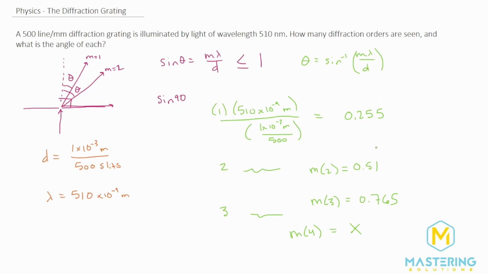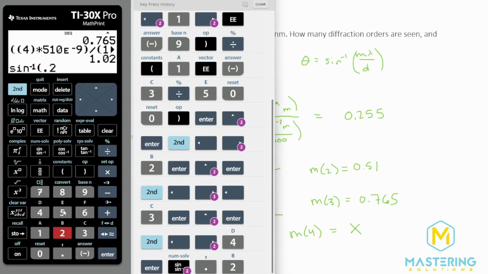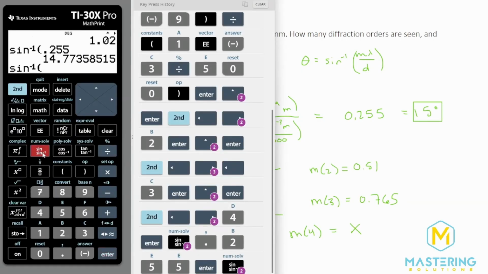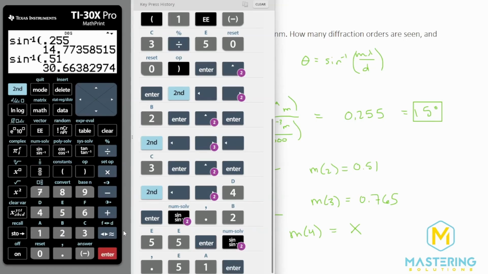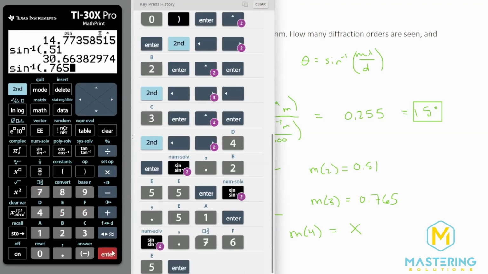So now if we take the inverse sine of all these, we have inverse sine of 0.255. So that angle is going to be rounded to 15 degrees. Then for M2, we have the inverse sine of 0.51. So that's going to be 31 degrees. And then inverse sine of 0.765 gives us 50 degrees.